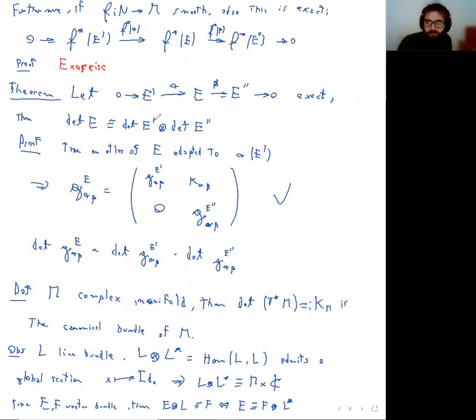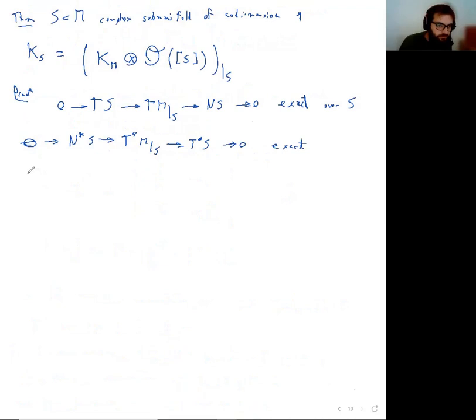So the determinant of the middle one is the product of the external ones. So the determinant bundle of T star M restricted to S is the same as the determinant bundle of N star S tensor the determinant bundle of T star S.